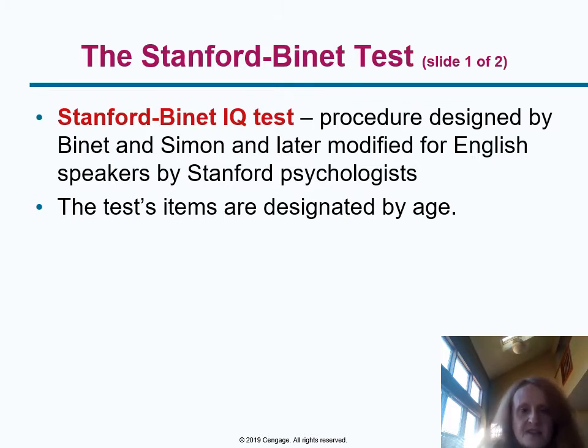The test items are designated by age. An item designated as age 8, for example, will be answered correctly by 60 to 90% of 8-year-olds. A child who answers correctly most of the age 8 items, but not the age 9 items, has a mental age of 8.